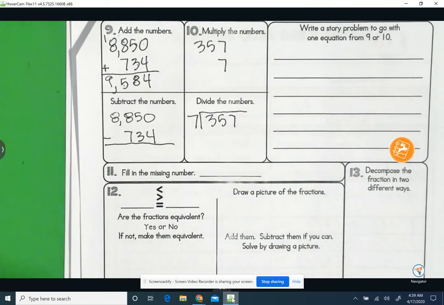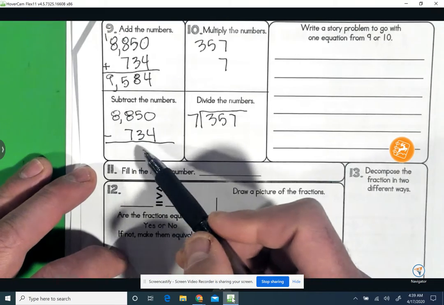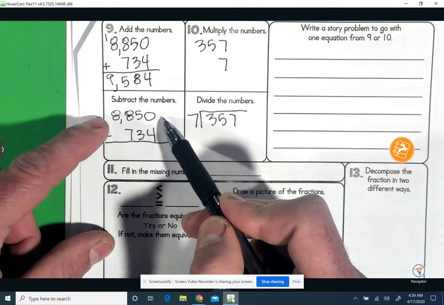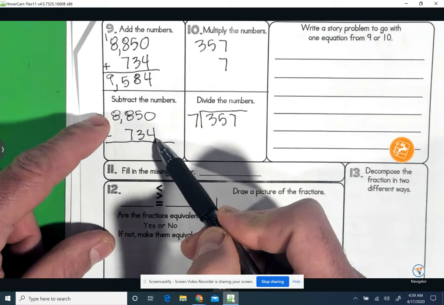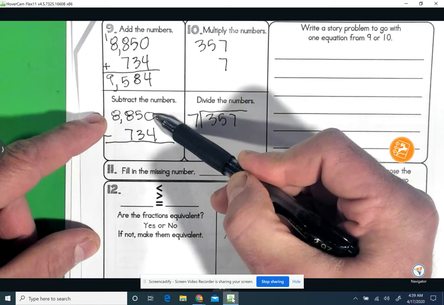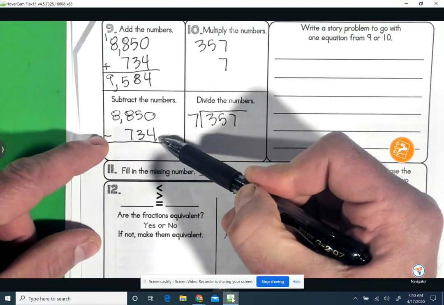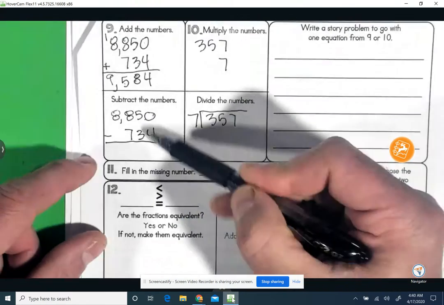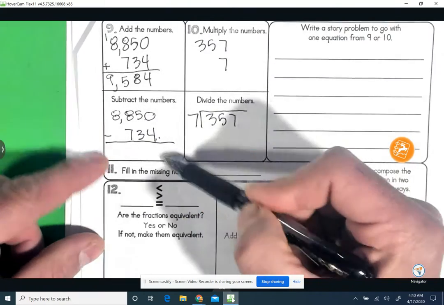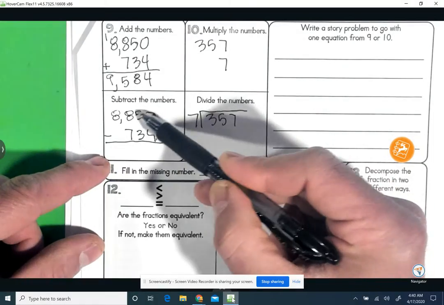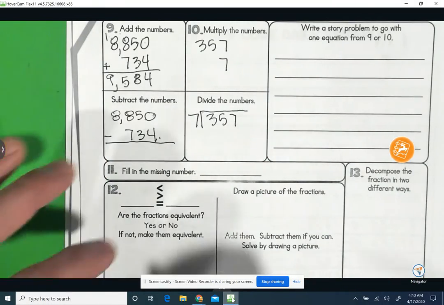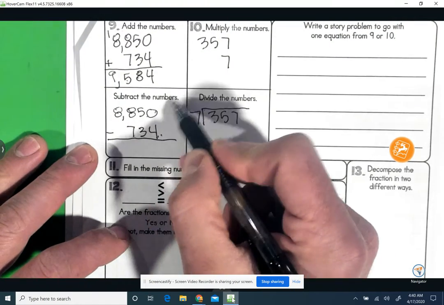Now we are to subtract these numbers. This is where we want to be a lot more careful, making sure that when we are subtracting, the number along the top, the number that we're starting with, the digits are bigger than those underneath them. So we see here we have a 0. This digit 0 is not larger than the digit that is beneath it, so we will need to borrow. As I make my way across this number, just taking a look at the number before I begin subtracting, I notice that this will be the only place in the ones place that I will be borrowing to make the digit larger.